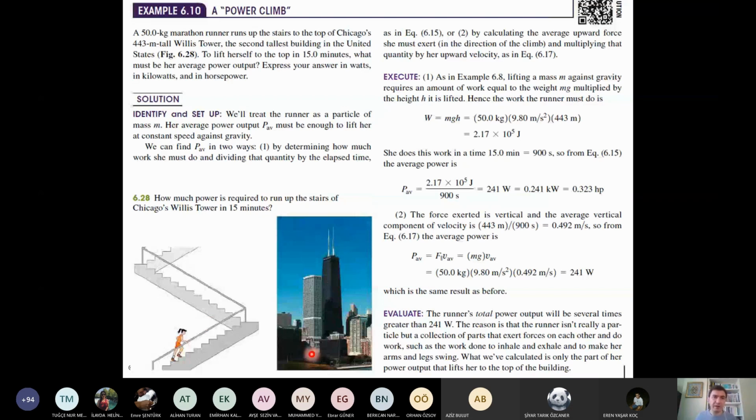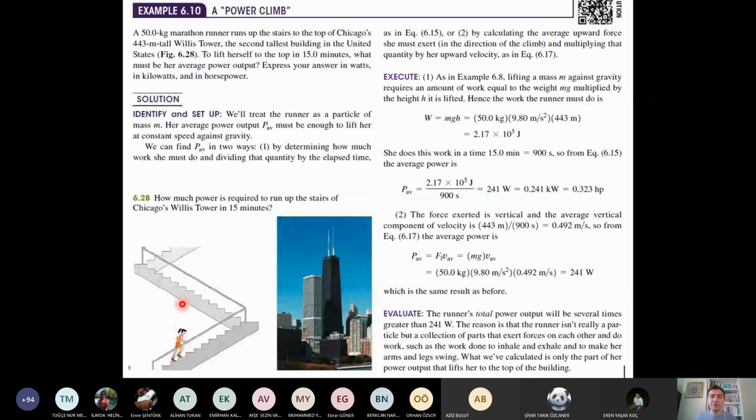Okay, so what about the average power output? Express your answer in watts, in kilowatts, and in horsepower. What about the free body diagram of this lady? Here, there is a weight in downward direction, and these stairs apply a normal force to this lady.